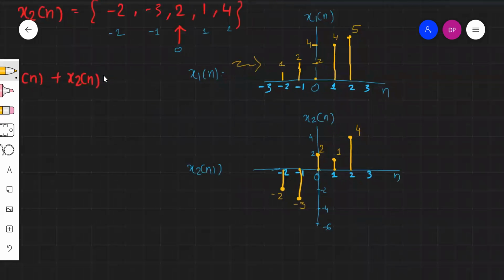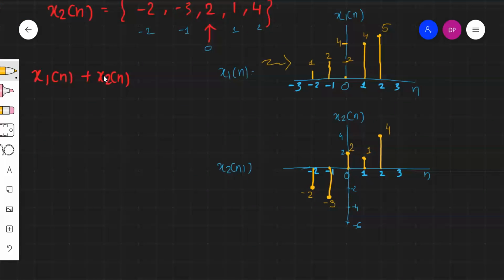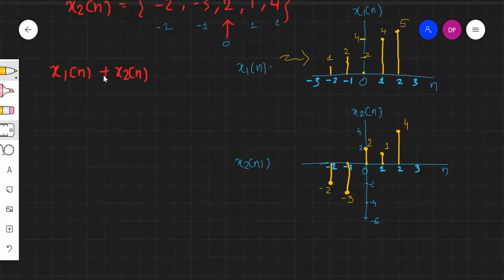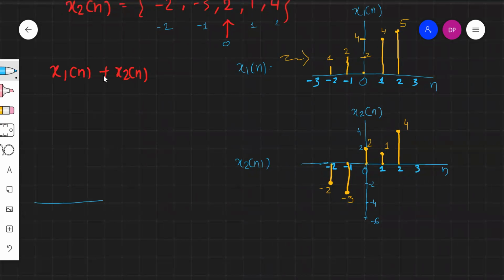Now, when we speak of adding these two signals, the question is: what will be the value of x1 of n plus x2 of n? Let me write here, taking index axis n and the y-axis. This is the 0th index, first, second, third, fourth index, -1, -2, -3, -4. We are interested to plot x1 of n plus x2 of n.